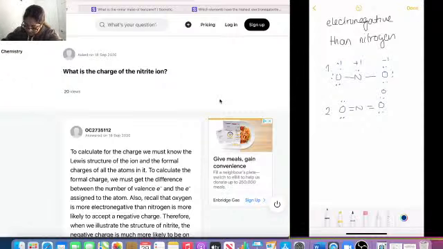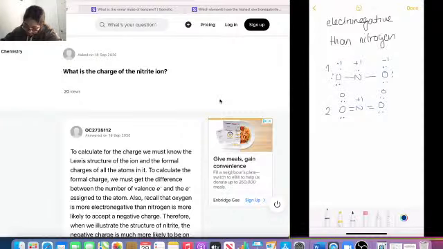So the charges of both oxygens would be 0, and nitrogen would still be +1, because it has already fulfilled its octet.